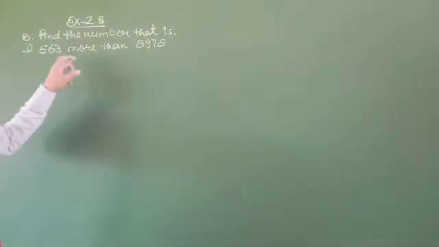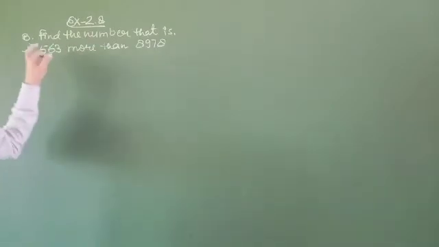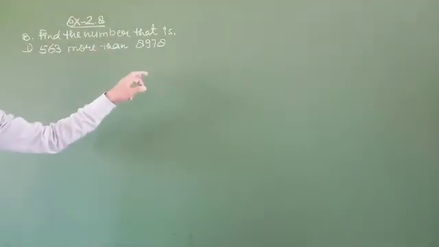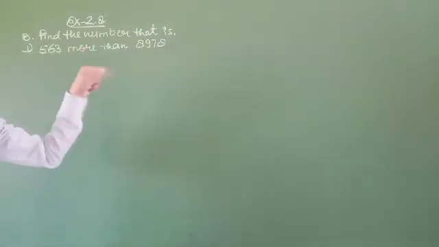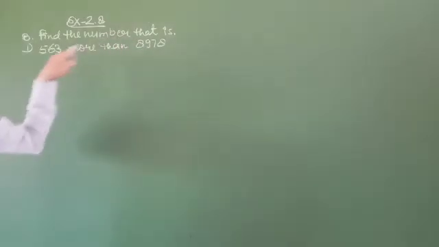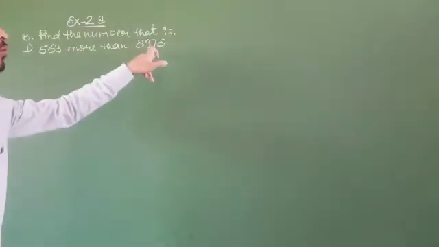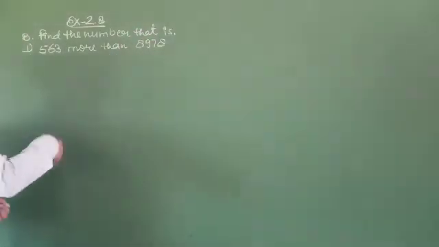Find a number that is 3 more than 10. So we have to add 10 and 3, that is 13. So the number is 13. So we have to add here. Find a number that is 563 more than 8978. So we have to add this number.